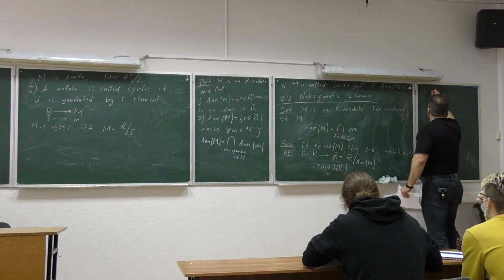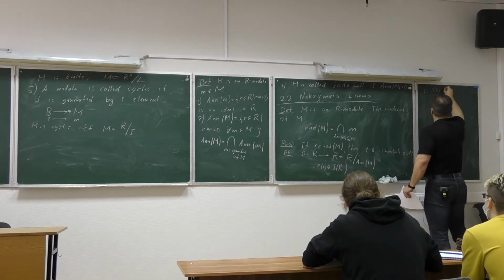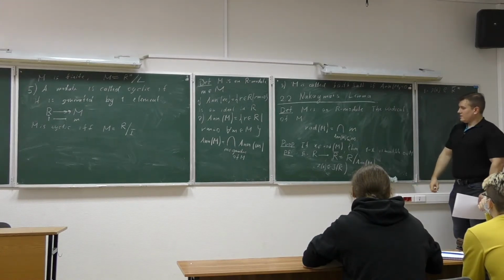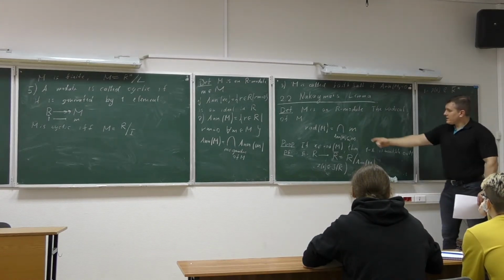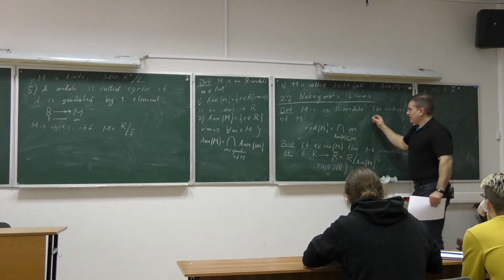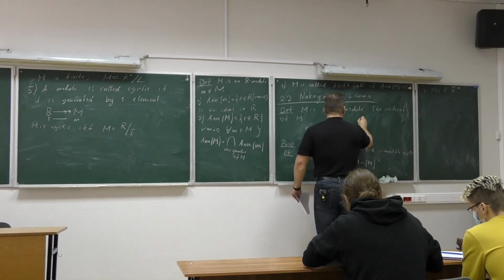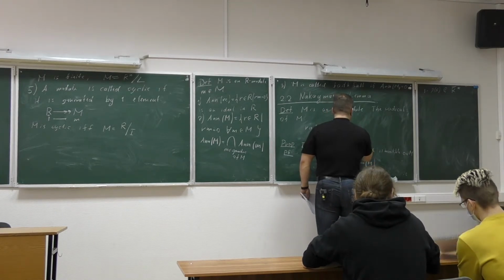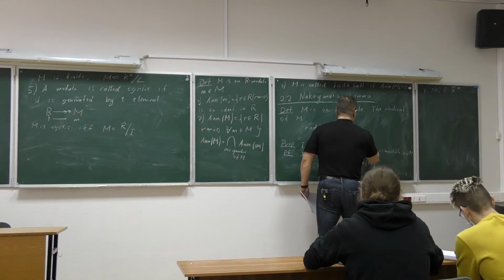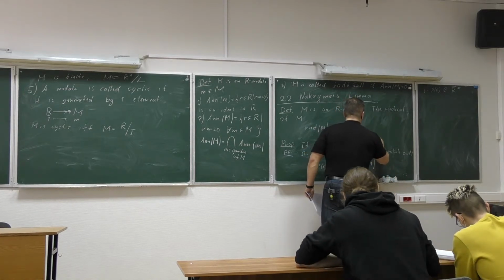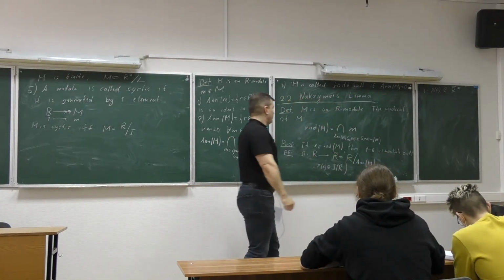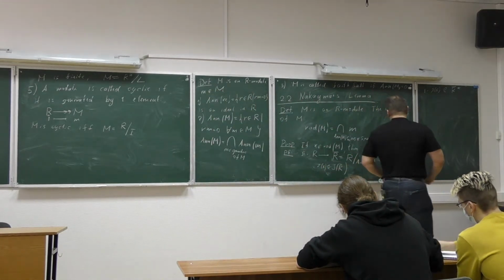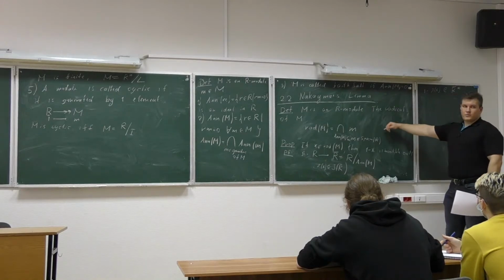So 1 minus pi of x... No, this is maximal. I think I said that this is maximal, and m is also in the spec of R. This is some analog of the Jacobson radical, but for a module.